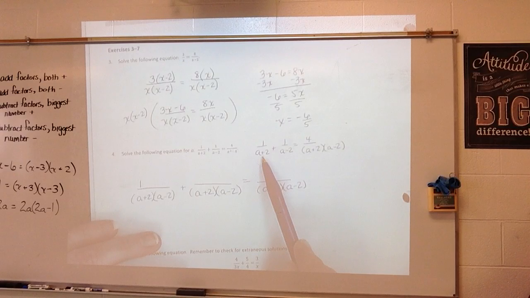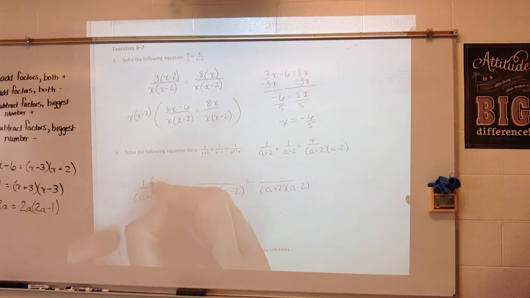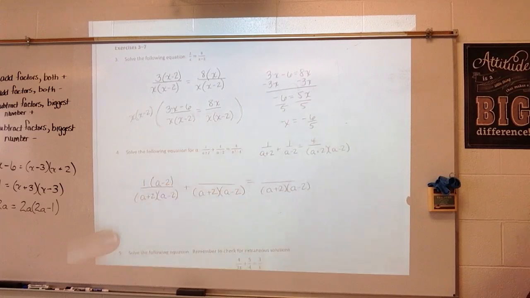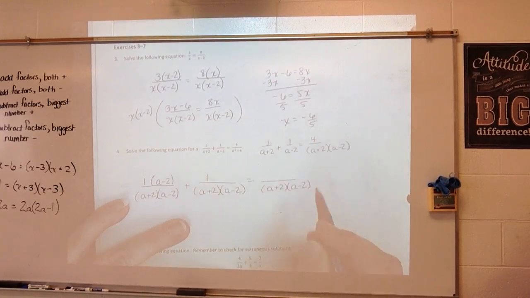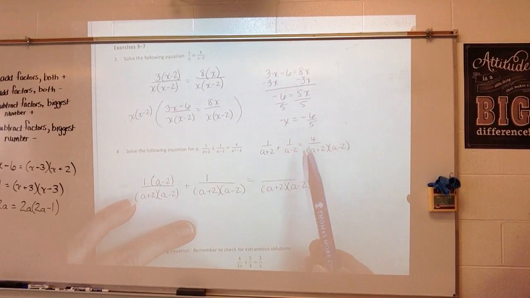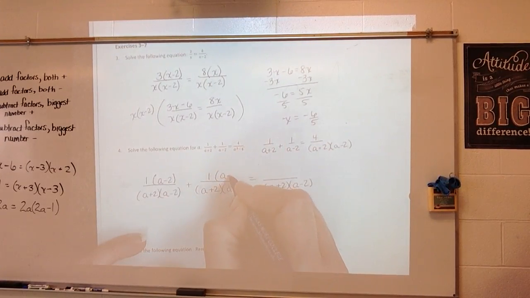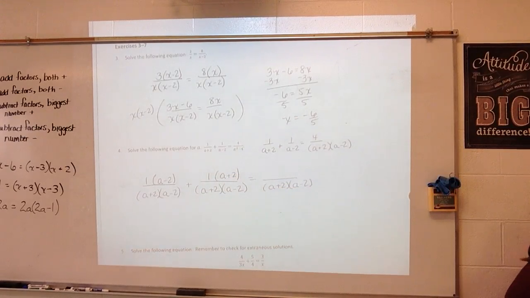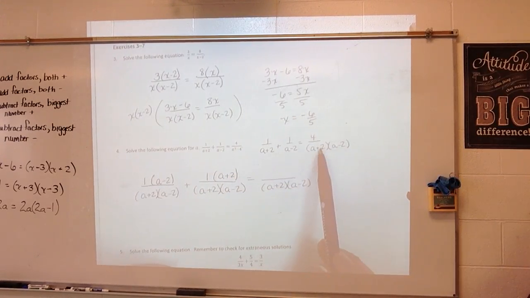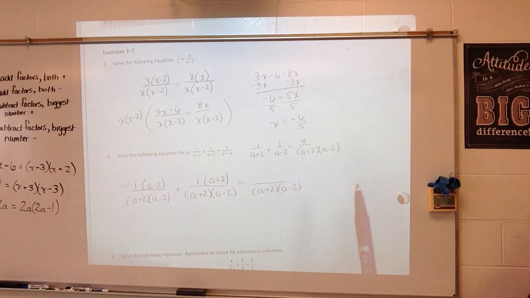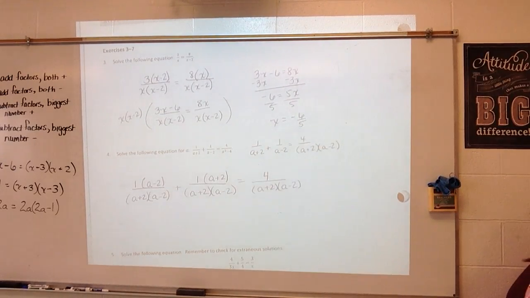Let's look at the first fraction. I have a plus 2. The only thing I'm missing is the a minus 2. So I have to multiply. Second numerator is 1. I have a minus 2, so the only thing I'm missing is the a plus 2. So I got to multiply. Over here, notice I have everything in my denominator, so it stays the same.